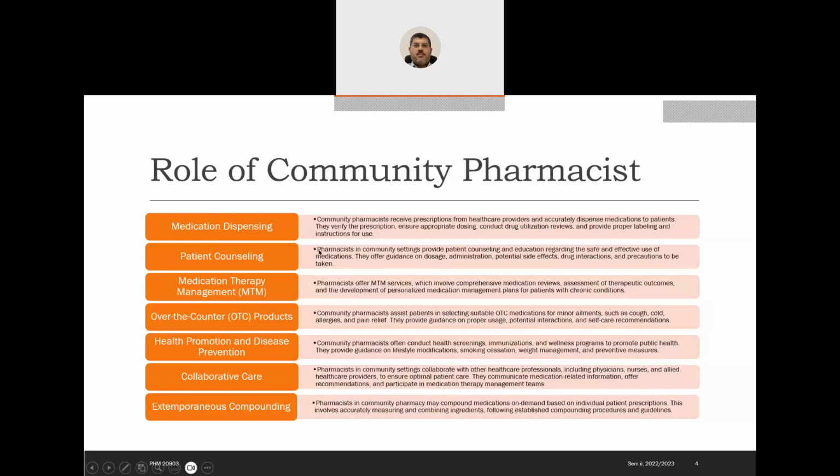Dispensing the medications to the patient will also include patient counseling. We have to advise or give the required information or counseling and education to the patient regarding the safe and effective use of medications they are receiving. And we should offer guidance on the dosage, administration, potential side effects, drug interactions, and precautions to be taken.